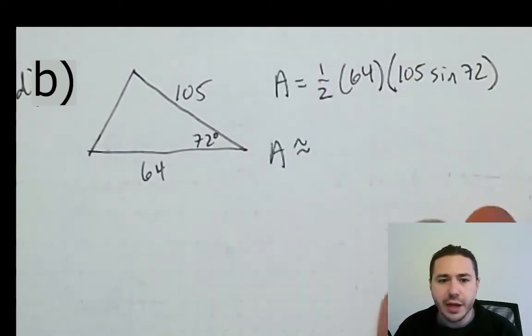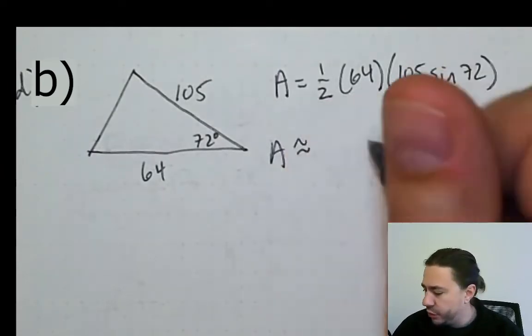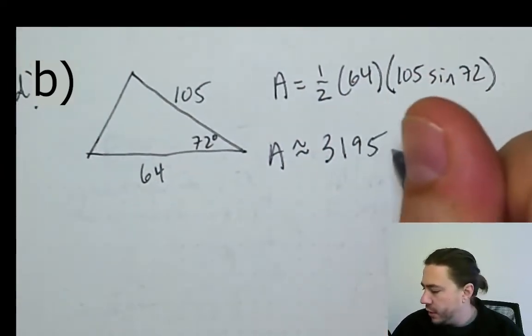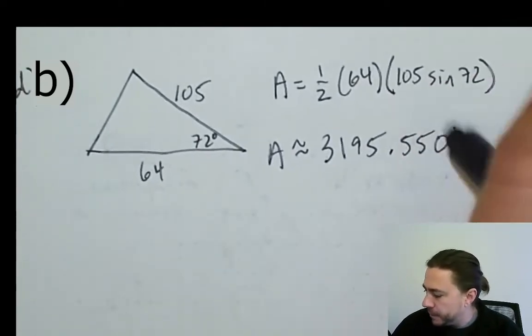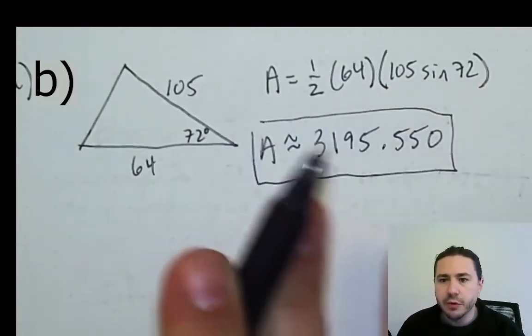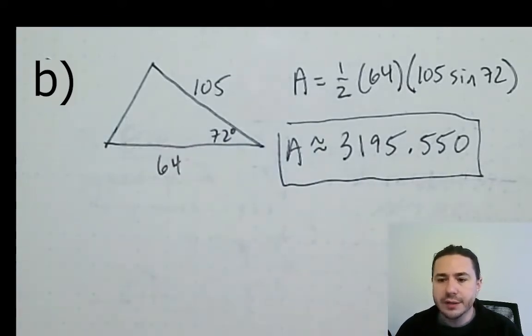Really taking advantage of our calculator here. And we should get 3,195 and just over a square unit. Computing these areas is not too bad. After you do a few of these, you'll just get in the habit of knowing exactly where everything goes.